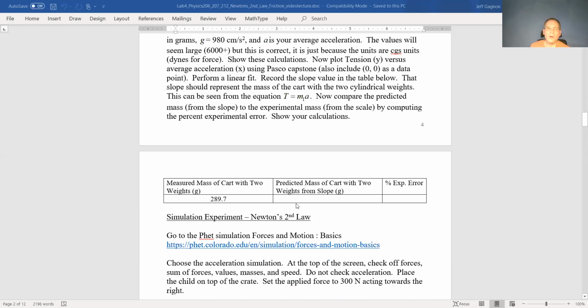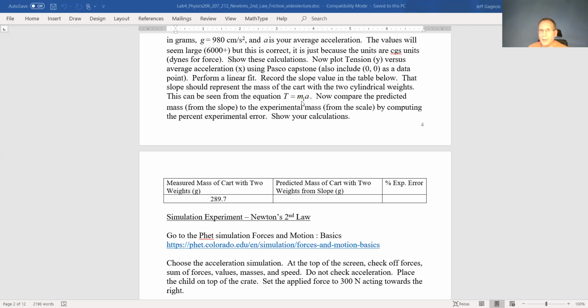So now we want to compare, because we actually had that value twice. The mass of the cart with the two weights, we can get directly by massing it on a scale, which I did earlier, and I just copied that value down here, so it's 289.7. Think of that as the experimental or measured mass of the cart. And then the predicted mass of the cart with the two cylindrical weights is this value from the slope of the graph.